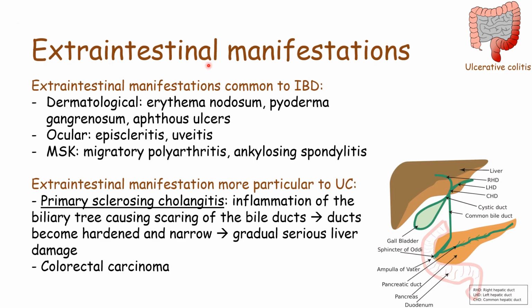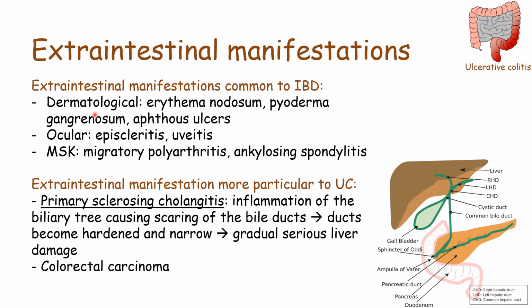Let's talk about the extraintestinal manifestations of ulcerative colitis. First, here are some extraintestinal manifestations common to inflammatory bowel disease, so to both ulcerative colitis and Crohn's disease. We can have erythema nodosum, which is essentially swollen fat under the skin that will cause bumps and patches that look red or darker than the surrounding skin.